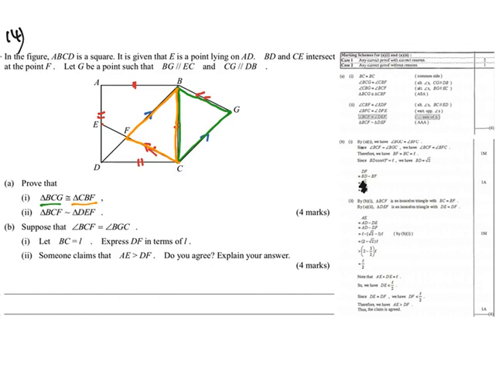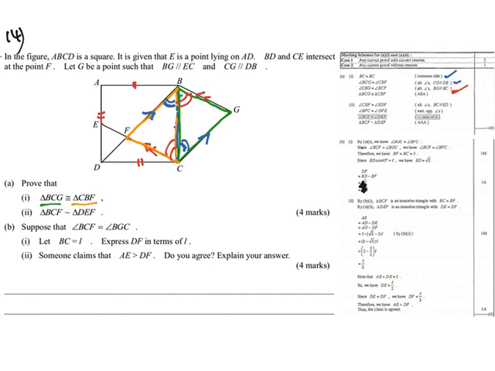So you can see for BC, it is a common side. So BC equals BC. Next, because they are parallel, these two angles are the same, alternate angles, and then another angle is this one, because these two are parallel, so this one is equal to this one.